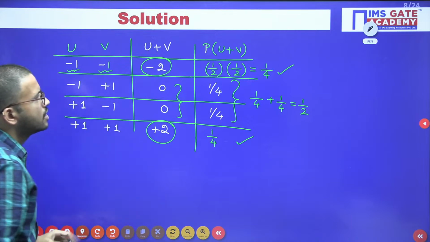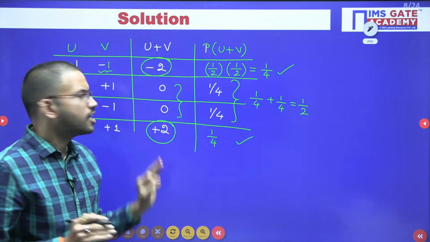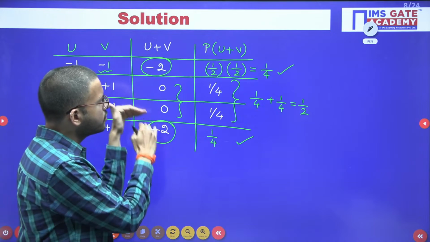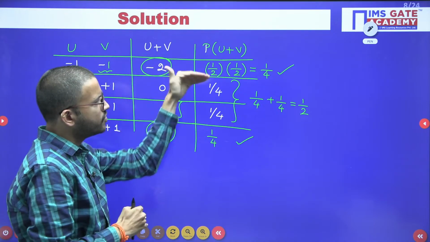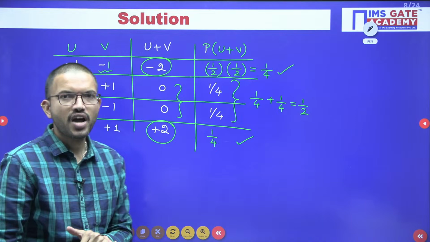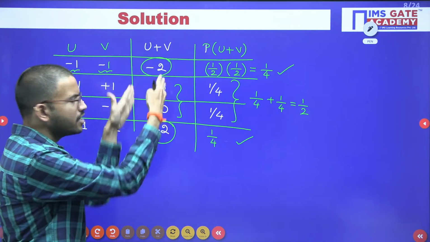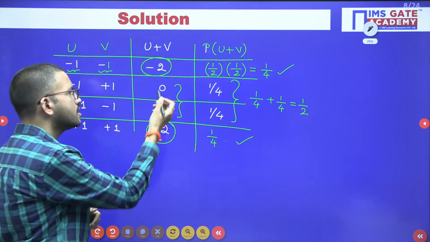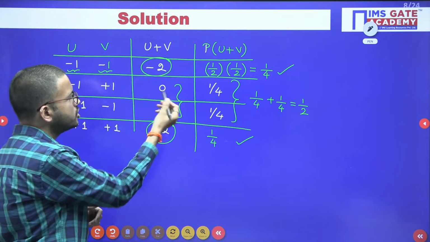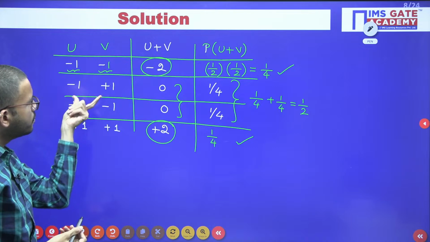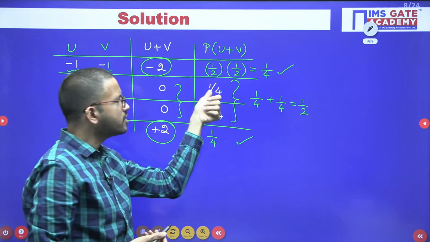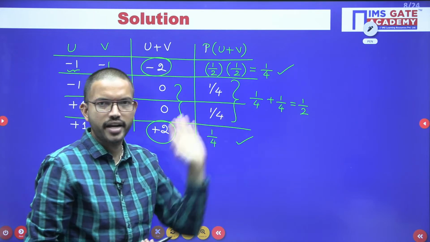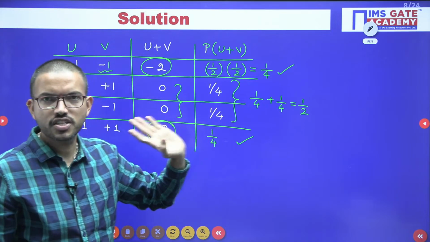Earlier, with 4 distinct values, every case would get 1 by 4. But -2 and +2 are unique, whereas 0 you are getting 2 times because of this combination, so we have to add the probabilities. This is the twist in this particular question, that's all.